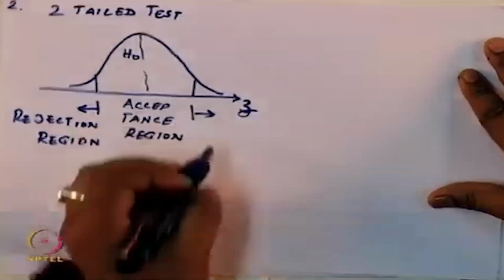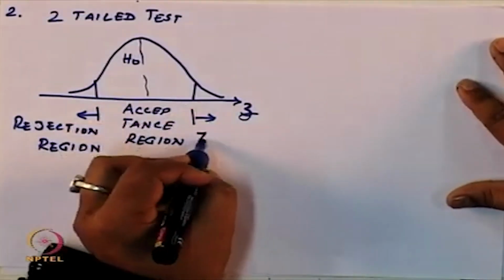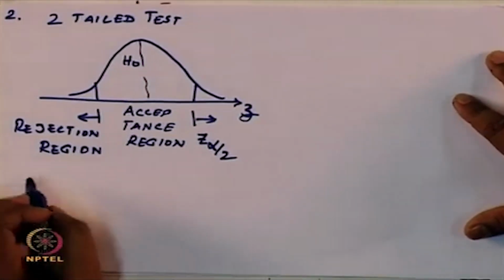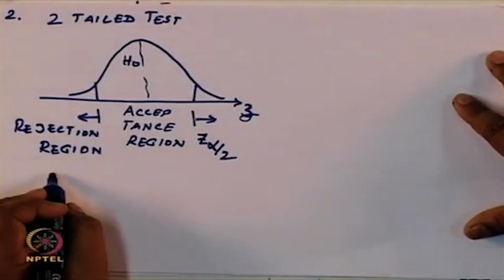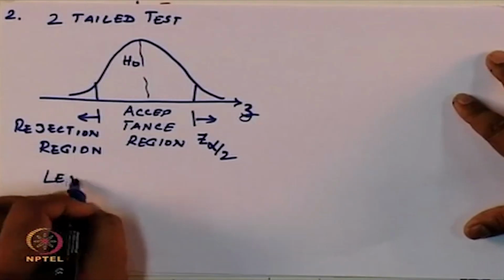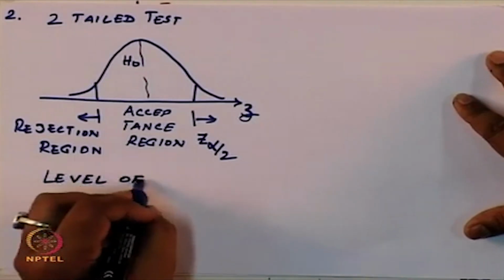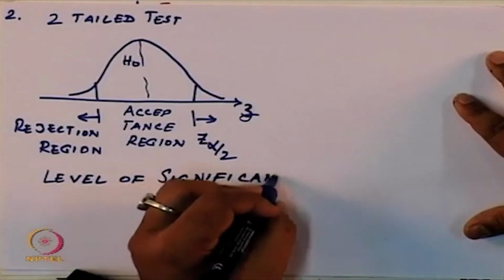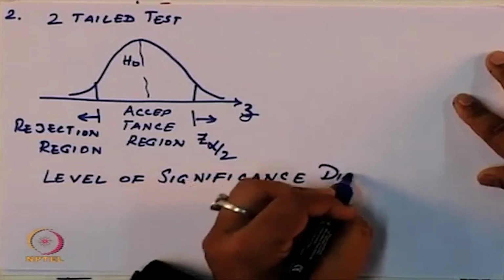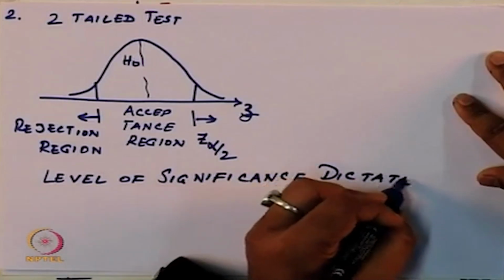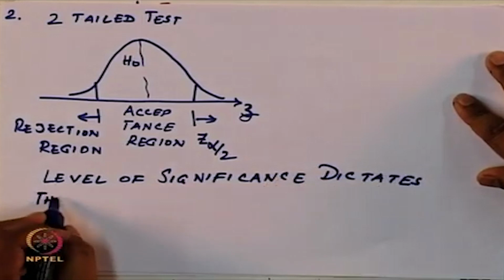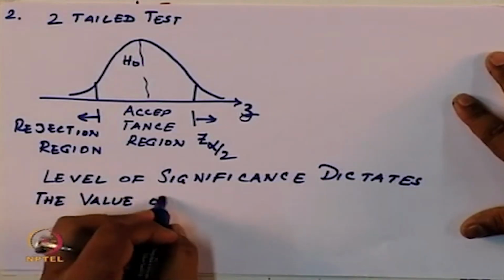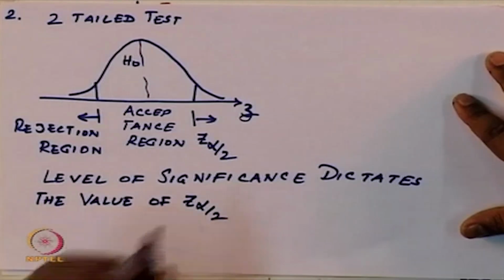So, these values or the critical values are referred to as z of alpha by 2. The choice of z of alpha by 2 depends on the level of significance. So, the level of significance dictates the value of z of alpha by 2.